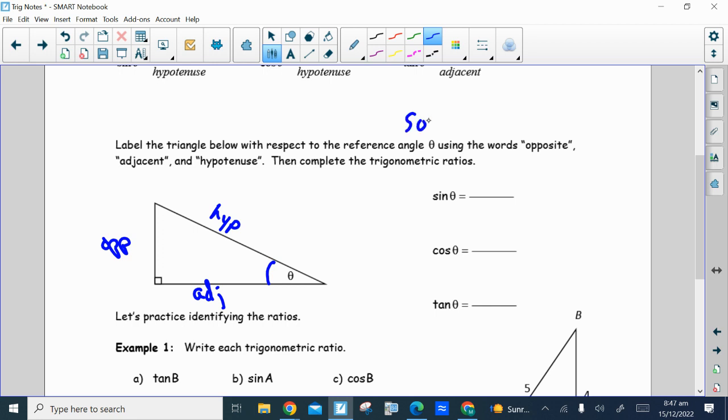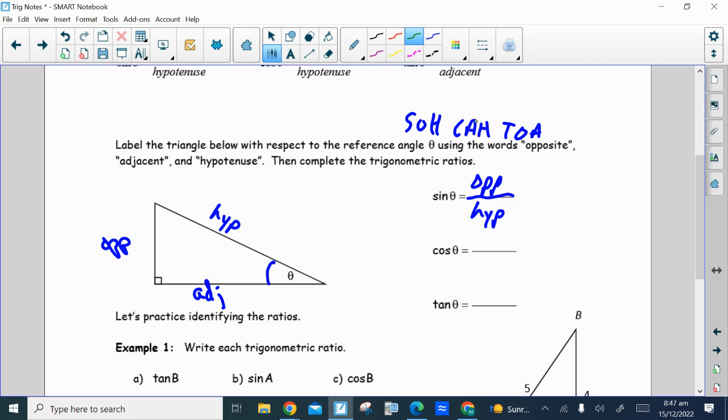Again, SOHCAHTOA tells us what the ratios are. The SO part tells us that sine is opposite over hypotenuse: opposite first, hypotenuse second, which means opposite on top, hypotenuse on the bottom. Cosine, that's what the CAH part tells us.